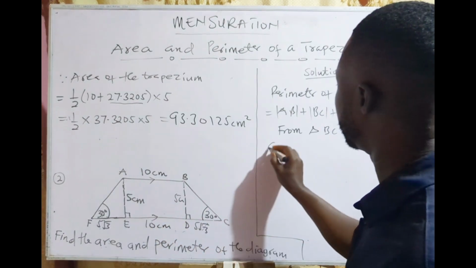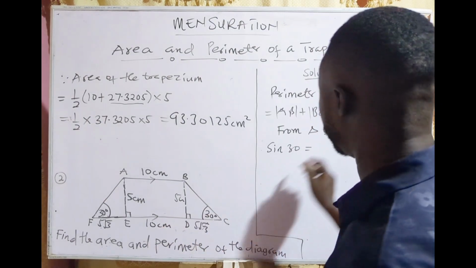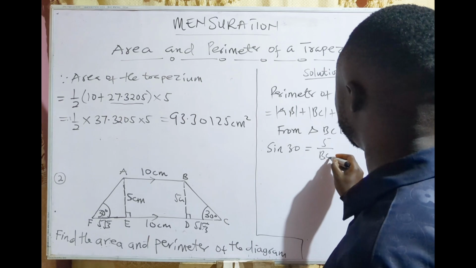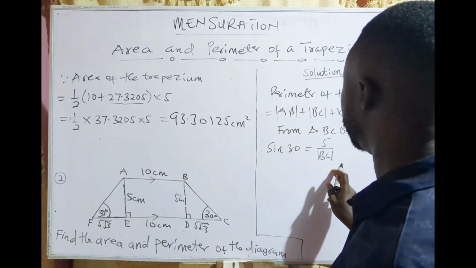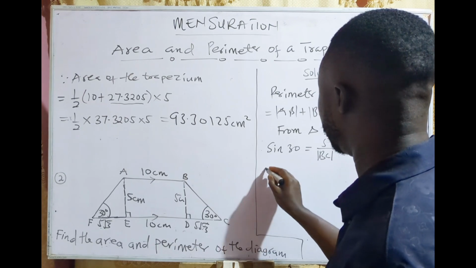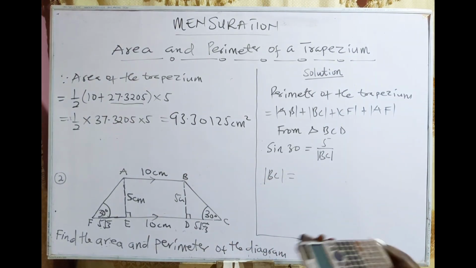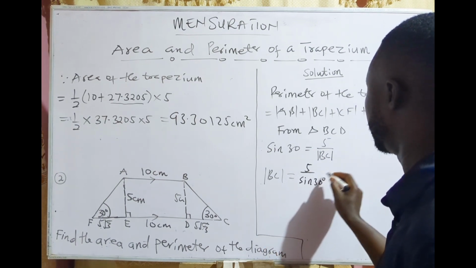So sine 30 is equal to opposite 5 over hypotenuse BC. So BC is 5 divided by sine 30 degrees.